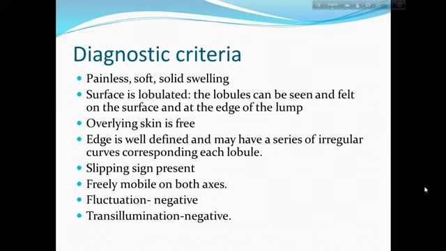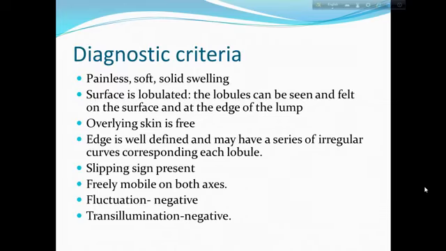Then we look at the surface. In case of subcutaneous lipoma, the surface is like the skin. Then on palpation, it is a painless, soft, solid swelling, and the surface is lobulated, and lobules can be seen and felt on the surface and at the edge of the lump, which are most prominent when the lump is squeezed between two fingers, and there is irregularity on the surface and around the edge.